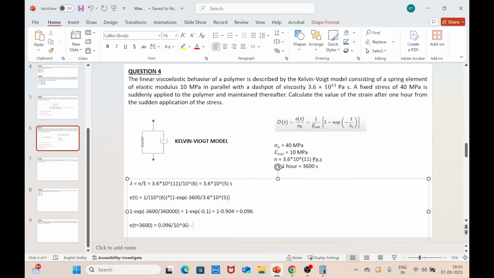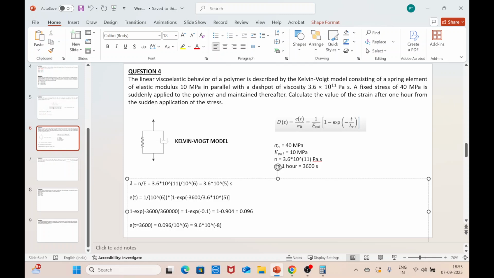So this can be written as 9.6 times 10 to the power minus 8.